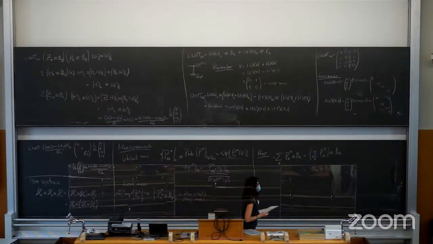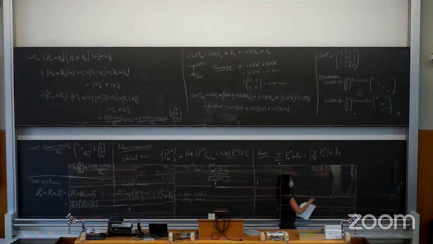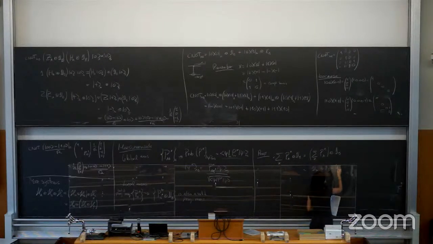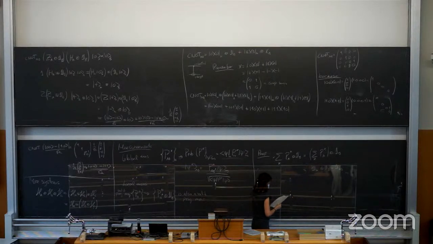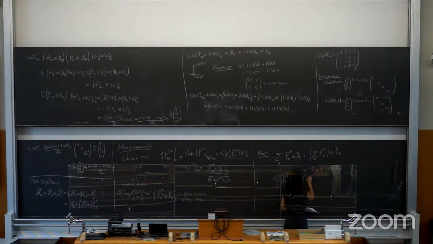Okay, so you can show this at home, but this is just the identity on AB. So it works. And the other thing we have to show is that if you multiply two of these, it's 0 unless they're the same, and if they're the same, it's just the original one.